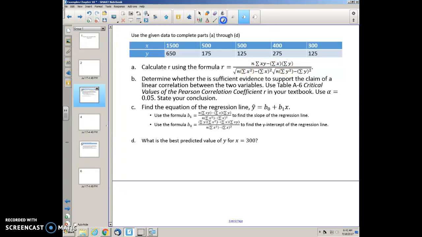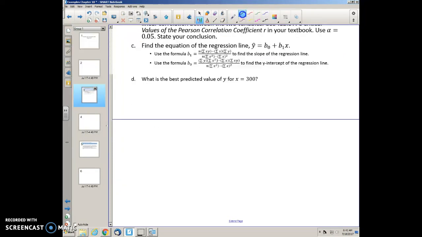So this is best done using a table. So we'll start our table. So for A here, we know n equals 5 because there are 5 ordered pairs. We need x, we need y, we need x squared, we need y squared, and we need xy. These are kind of big numbers, so we're going to need to space them out a bit.